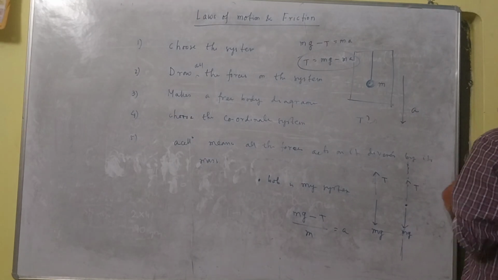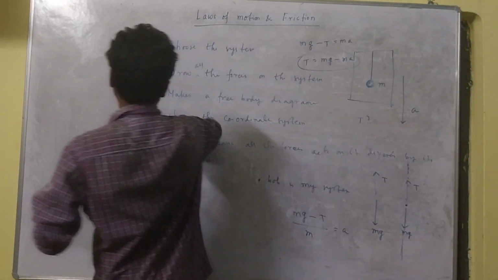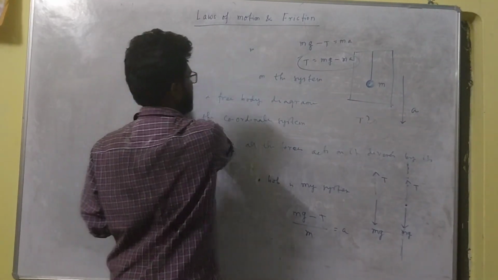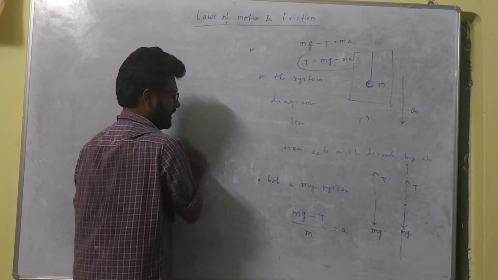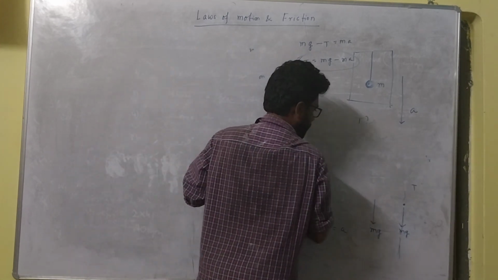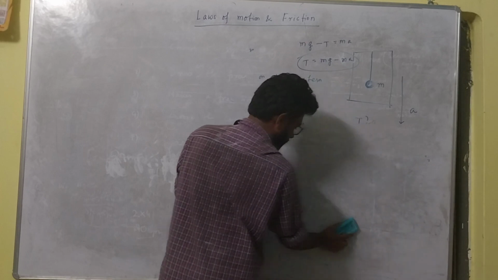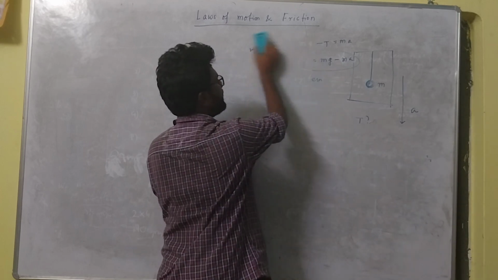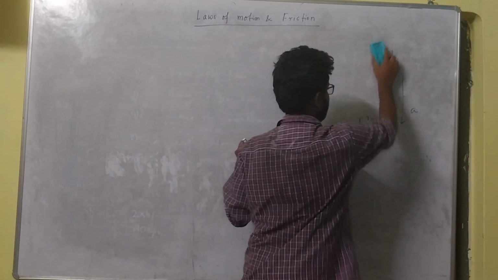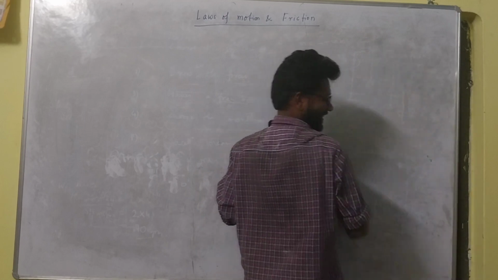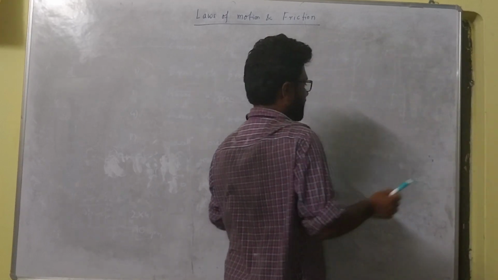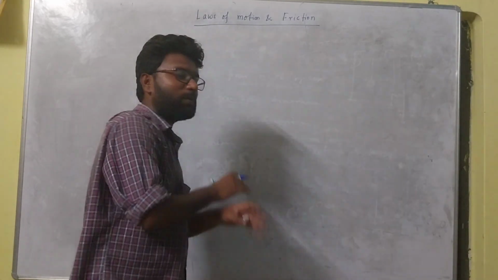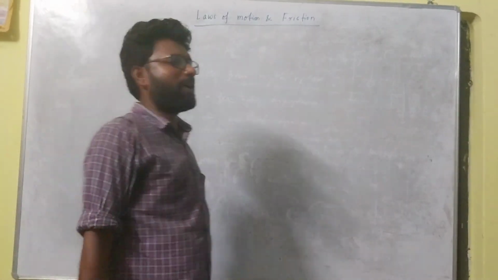Now I introduce to you friction, right? From your class 8, 9 or 10, it's in your syllabus: friction means what? The interlocking of two surfaces. Just imagine if there are two smooth surfaces, then what will happen?